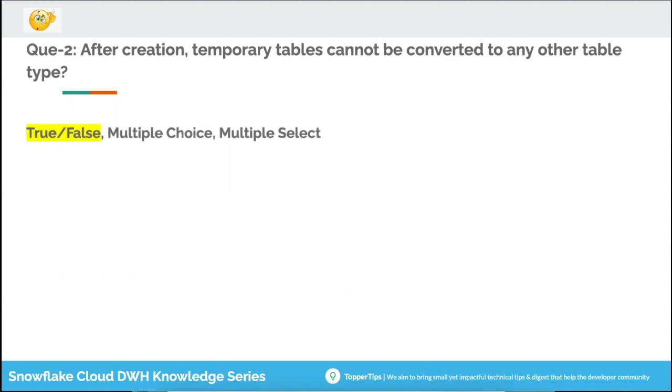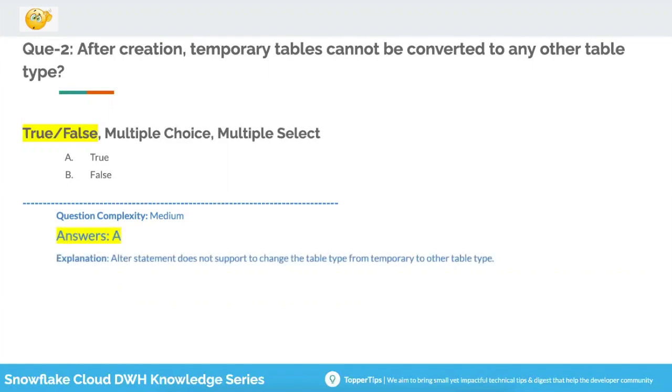It's also true or false. Third question, also a tricky one: the data in transient tables cannot be recovered after the time travel retention period passes. True or false, easy to answer.